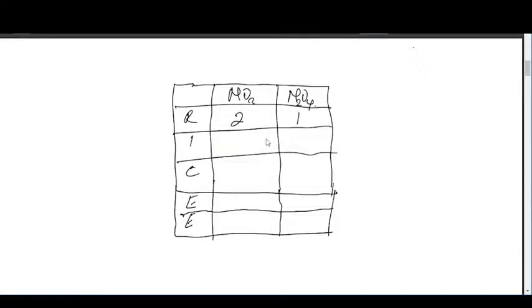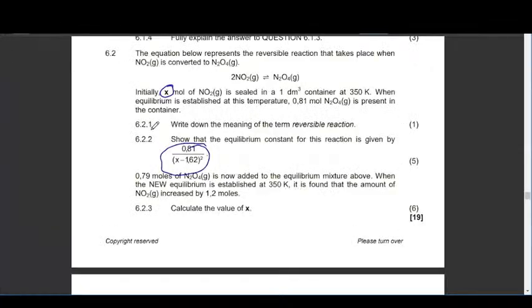But this one started with x, and because this is the product, it starts with 0. Now they are saying that the volume is 1 decimeter cubed.